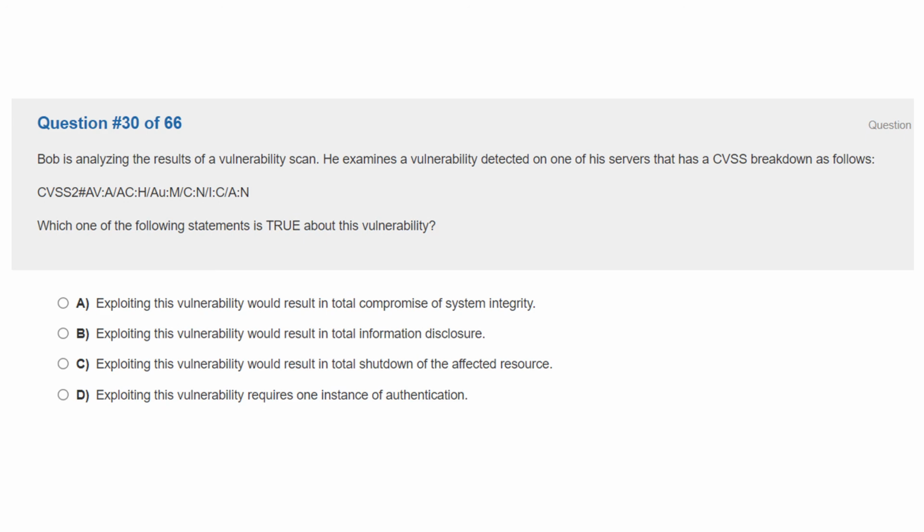The confidentiality, N, means none. The integrity, the C means complete, and the availability means none. So based on that, which of the following statements is true about this vulnerability?